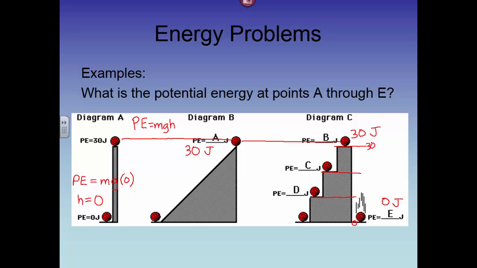Remember, it looks like the steps are divided into thirds. If you're thinking this one should be 10 and this one should be 20, you would be correct. And I just know that because there's 3 steps. They're all placed evenly. The top is 30 and the bottom is 0.